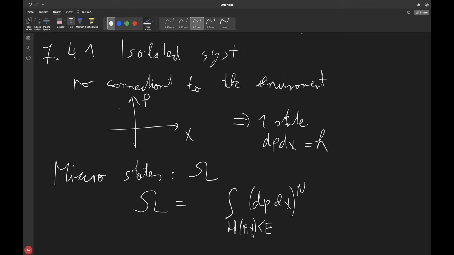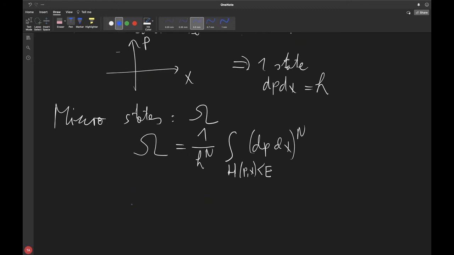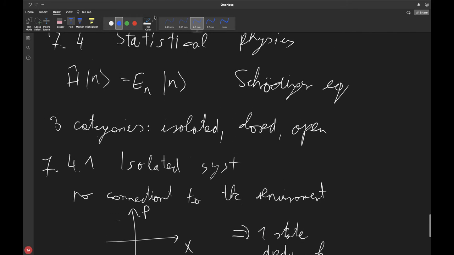So they are not scattering around and things like that. They have to be lower than the energy of the system, and so this is all the space. If you're interested in how many microstates there are, then we have to divide by the unit, which was this h, and if we have N particles, that's going to be h to the power of N. We can get the same thing by approaching this from the quantum equation, which gives us the possible energy states, as we discussed up here.